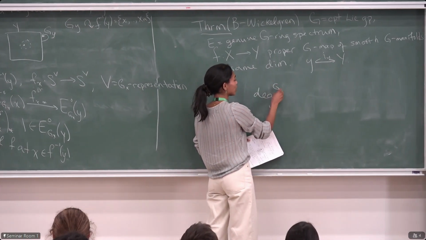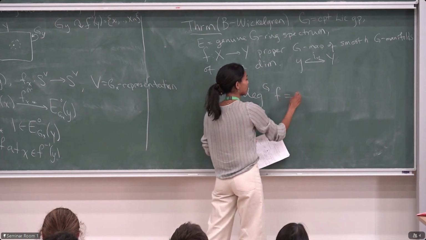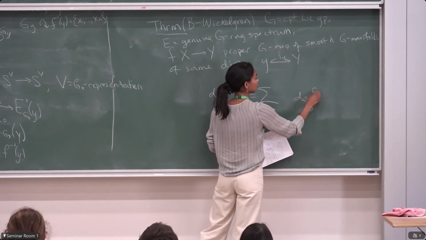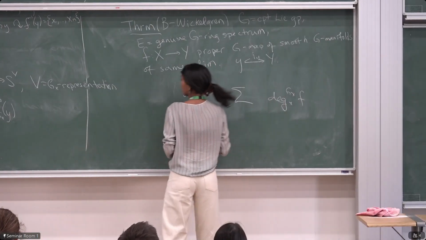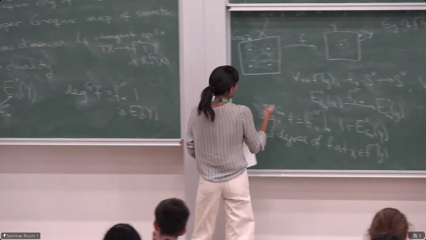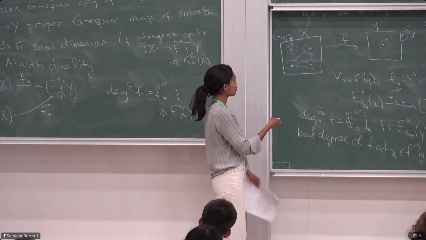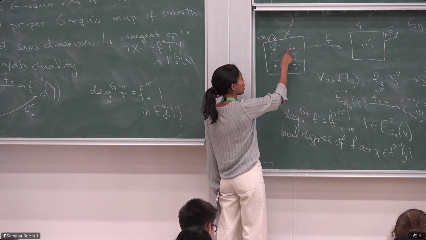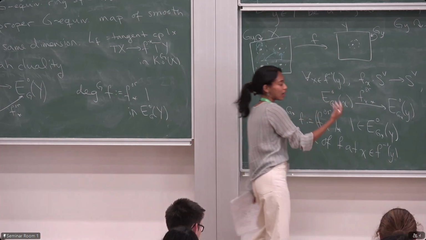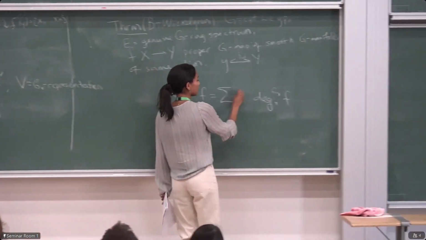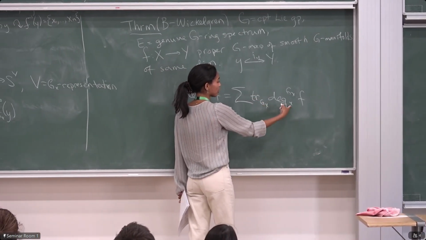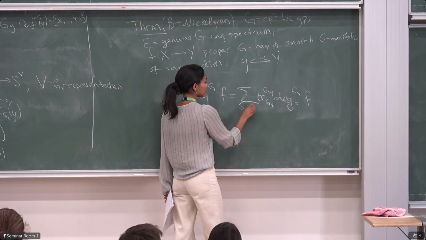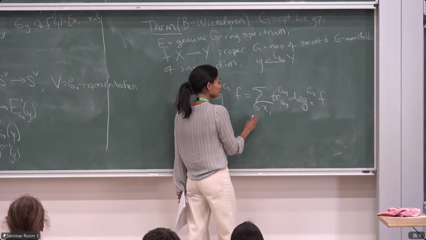Then the global degree of f can be written as a sum of local degrees. But I'm not going to add up every local degree for every point in the preimage of the regular value. What I'm going to do is add one local degree for every orbit, and then take the transfer over the whole orbit from the stabilizer of the point in the preimage to the stabilizer of the regular value, and I'll sum over the orbits.